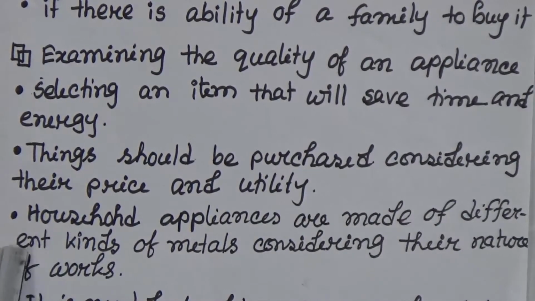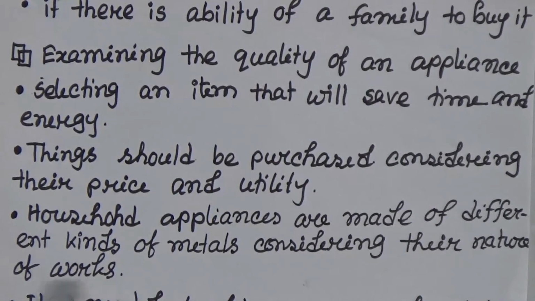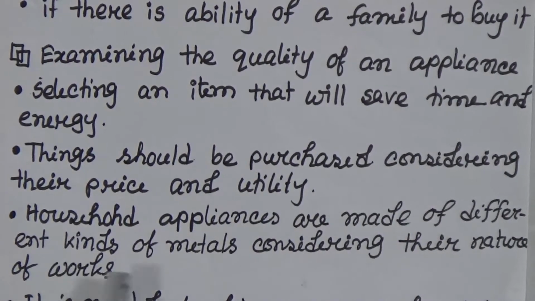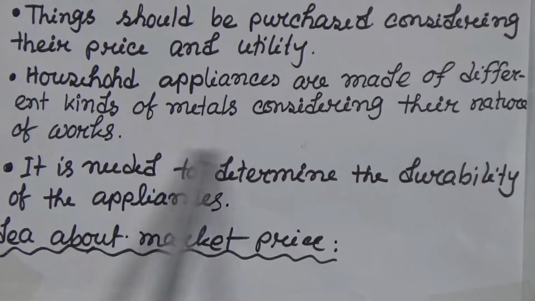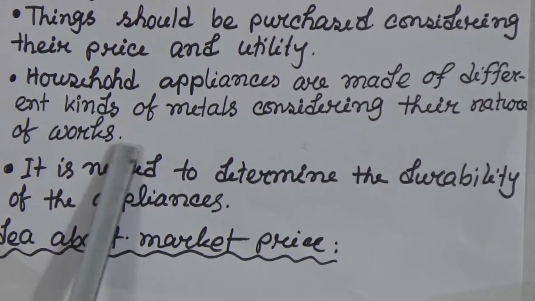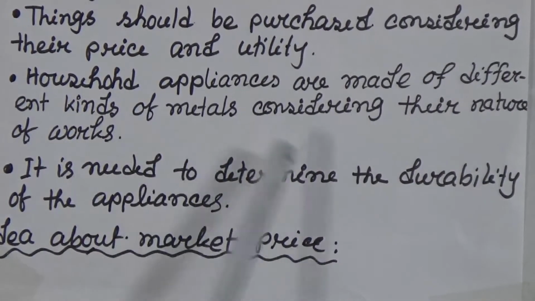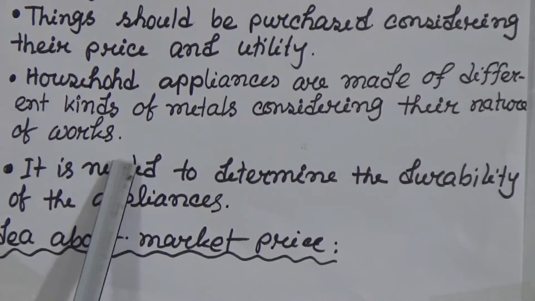Okay, and the next one is household appliances are made of different kinds of metals considering their nature of works. Okay, that means in the household activities we actually use different types of things that are made of different types of materials.